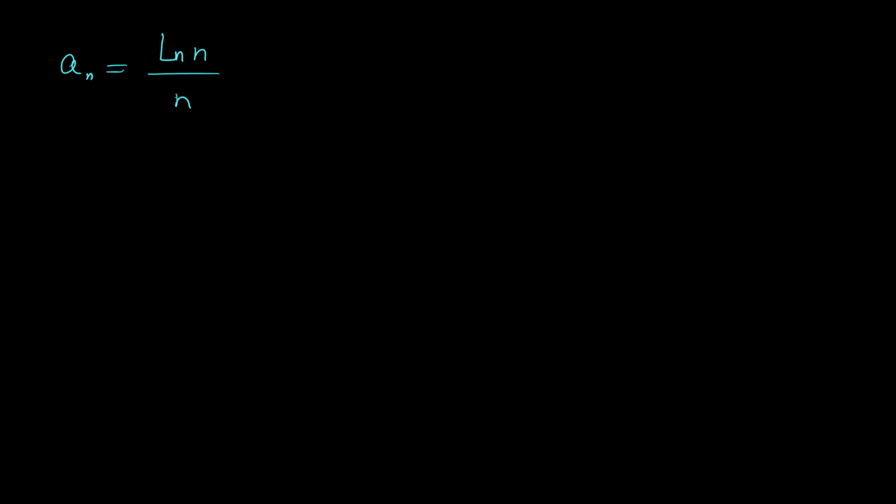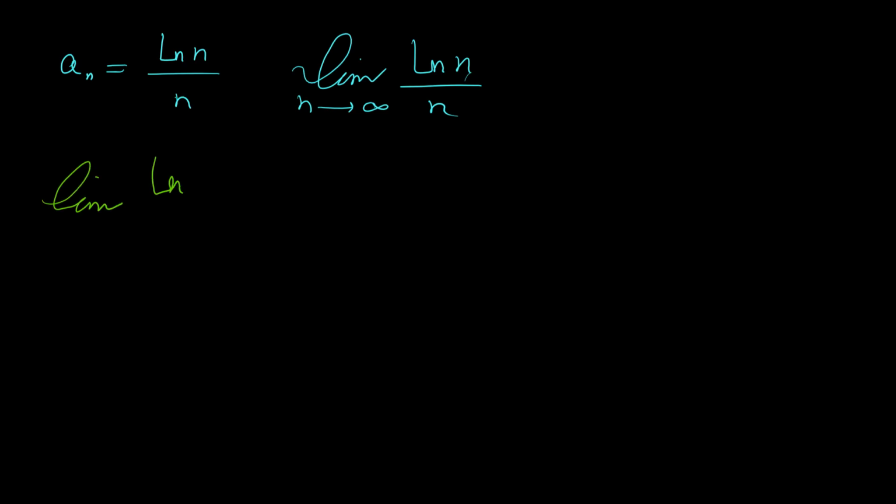of this sequence. So instead of finding the limit as n approaches infinity of ln of n over n, we change variable n to variable x, and we are finding the limit of ln of x over x as x approaches infinity.